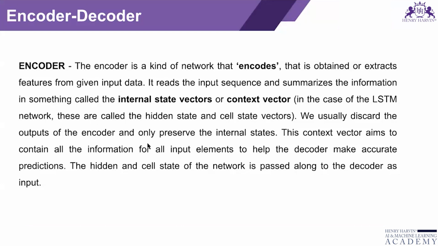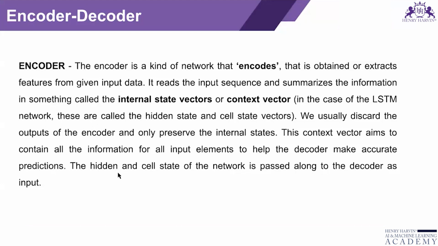The encoder only preserves the internal states. This context vector aims to contain all the information for all input elements to help the decoder make accurate predictions. So for the discard part, we have to remove those words under the encoder architecture, and then the decoder gets only those words which are important for predicting the answer.